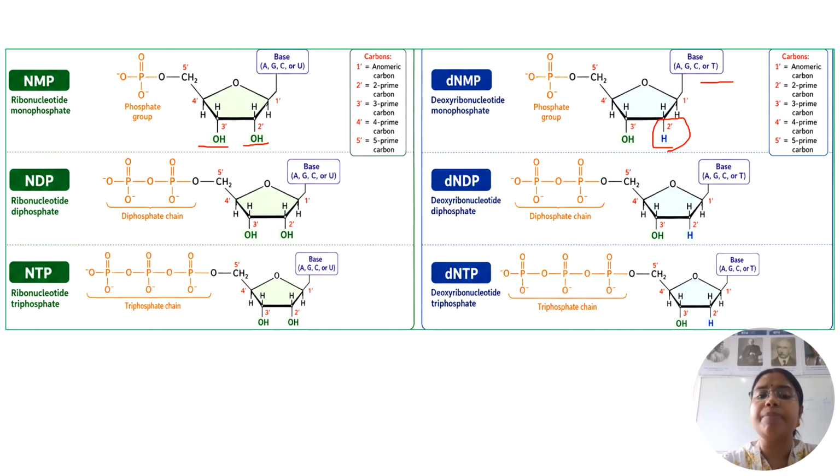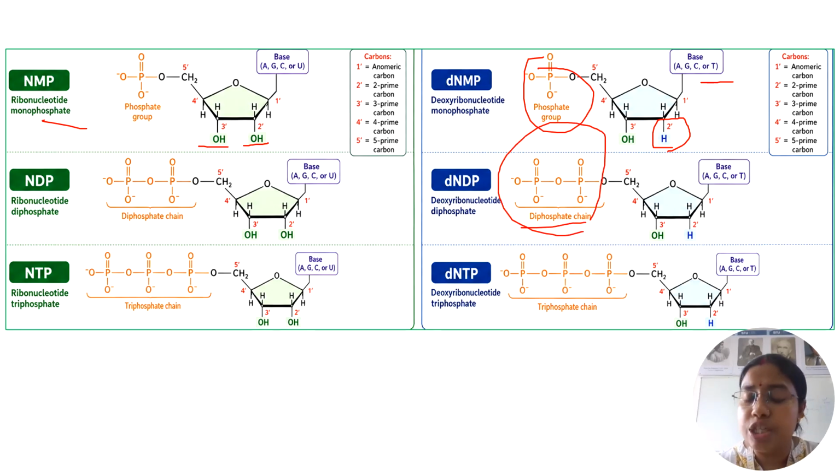Uracil is exclusively for RNA, whereas thymine is exclusively for DNA. In the monophosphate case, only one phosphate group is present. For the diphosphate, 2 phosphate groups are present, and in the triphosphate, 3 phosphate groups are present, for both ribonucleotides and deoxyribonucleotides.